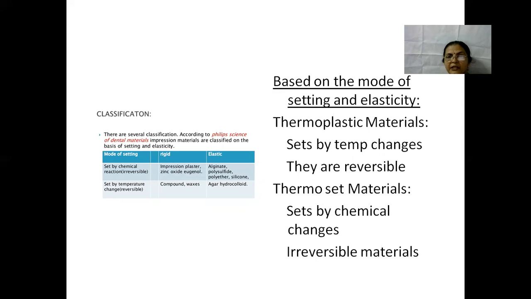Then one more classification is based on the mode of setting: thermoplastic materials set by temperature changes and are called reversible impression materials. Thermoset materials set by chemical reaction and are called irreversible materials.